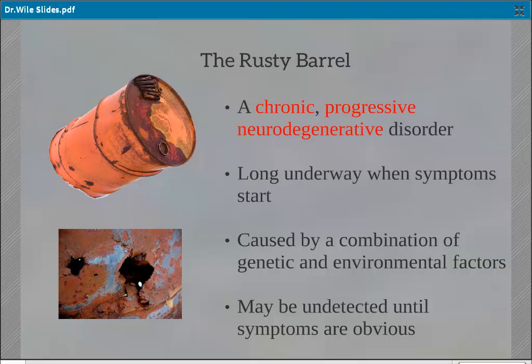Some people have a sort of predisposed set of conditions where their gene code might make them more at risk for Parkinson's. But even if you're at high risk, you may never get Parkinson's if you're not putting that barrel under those conditions. So if you keep the barrel in a vacuum chamber, it's never going to rust, even if it's got a tendency to.